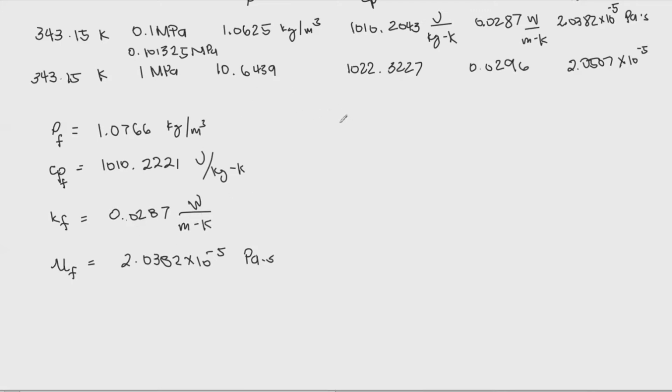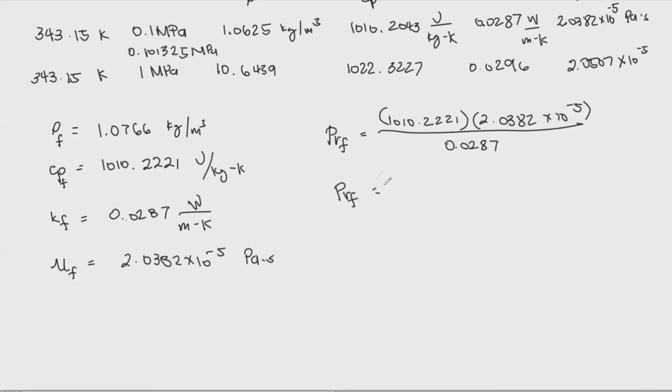Then let's try calculating our Prandtl number first, since it's a lot easier. That's Cp mu over K, so that's 1010.2221, and then our viscosity is 2.0382 times 10 to the negative 5, and then let's divide it by K. Sometimes you don't have to write all the units, for as long as the given values already have units consistent with SI units.